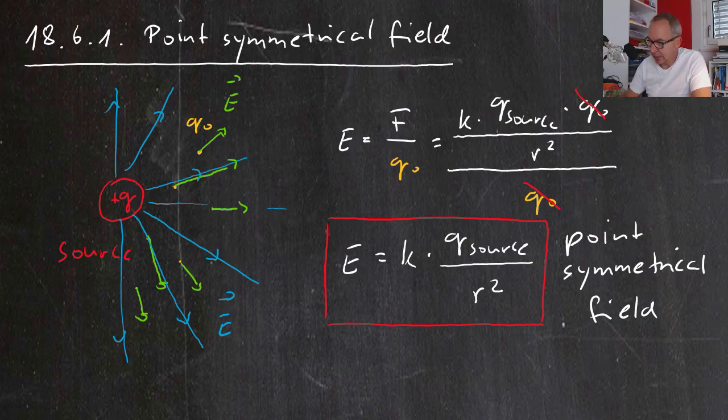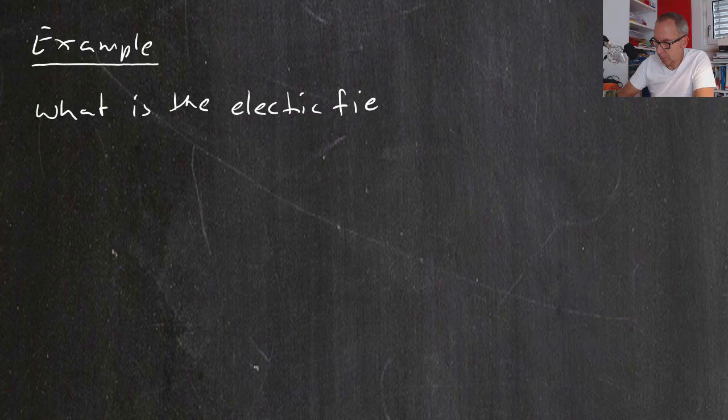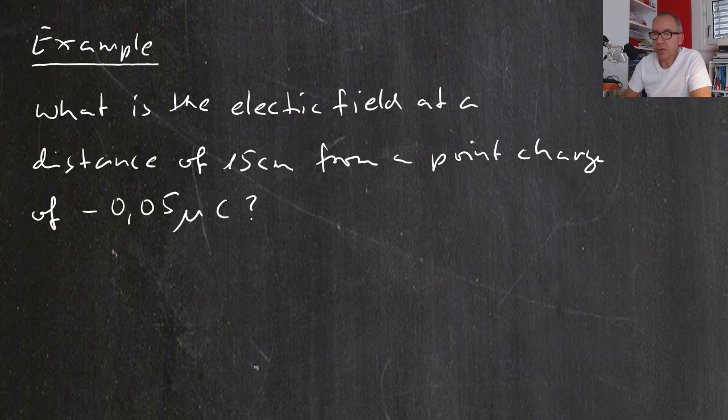Let's do an example. What is the electric field at a distance of 15 centimeters from a point charge of negative 0.05 microcoulomb?